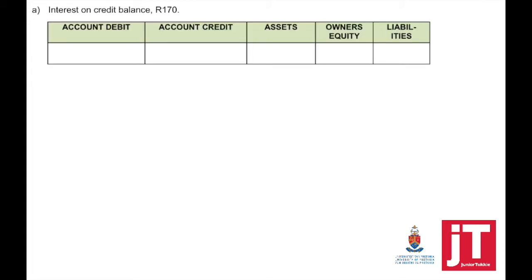So if we look at adjustment number A, interest on credit balance. Now remember, a bank statement is the opposite from our books. A debit balance means sad, negative. It means that we paid interest. But a credit balance means we are happy, we've received interest for having money in our account.